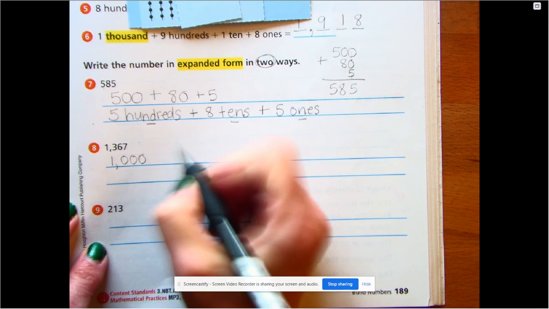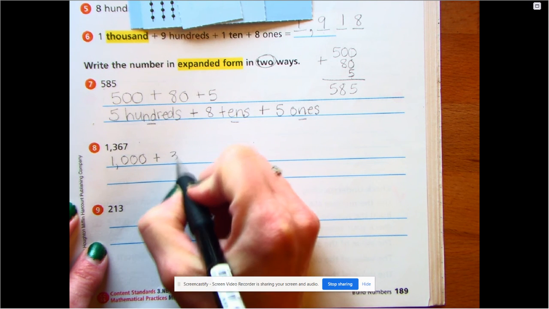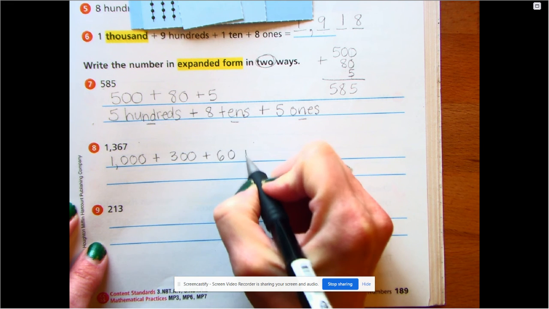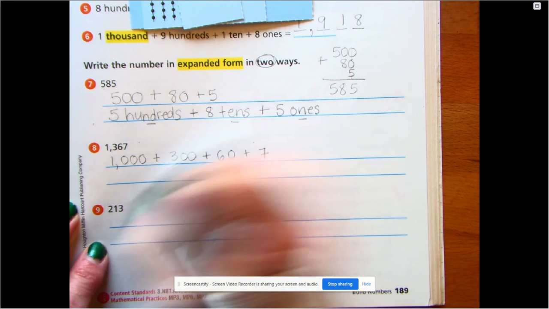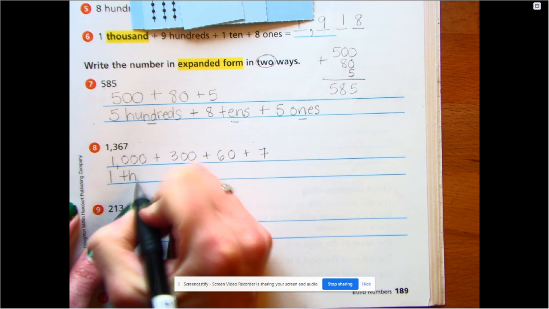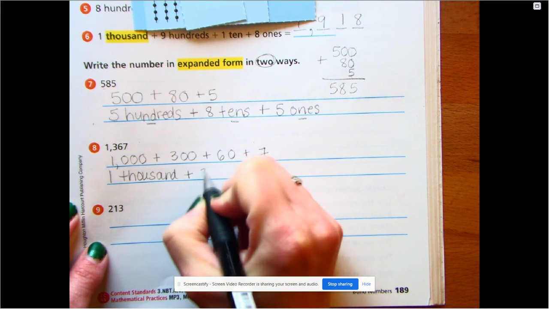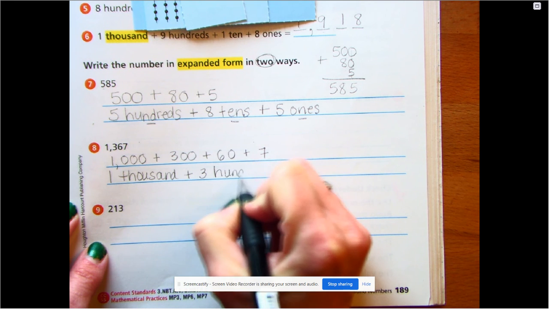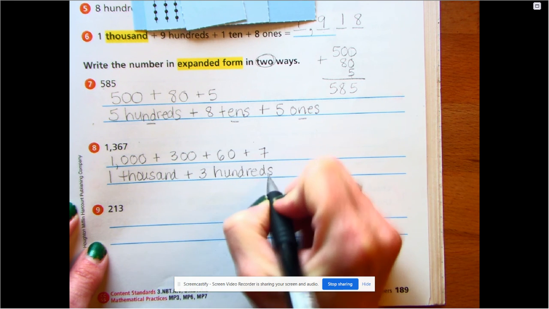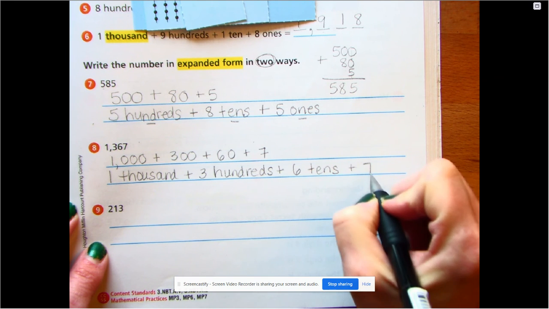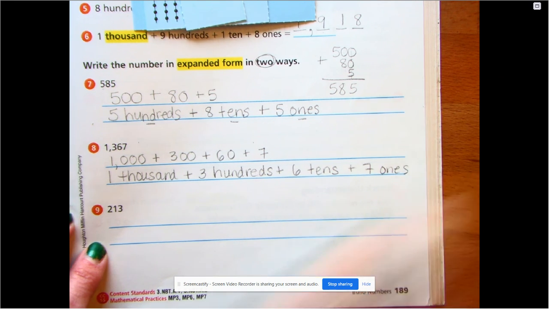Number 8, I have 1,000 plus 300 plus 60 plus 7. So I have 1,000, 3 hundreds, 6 tens, and 7 ones.